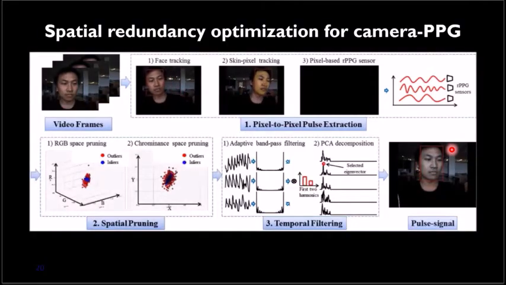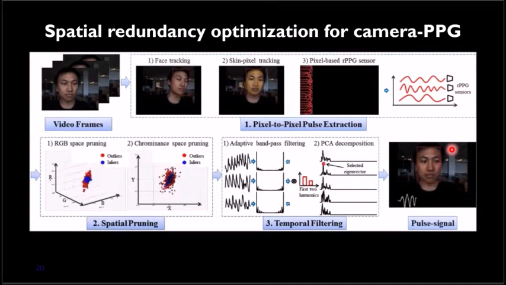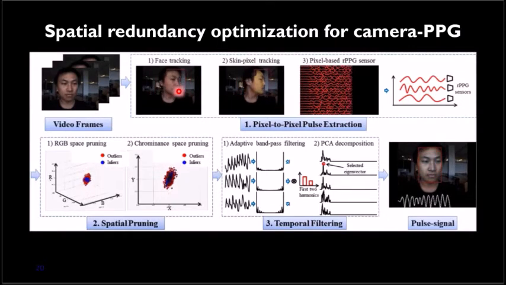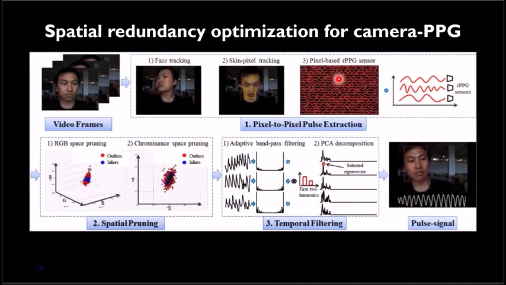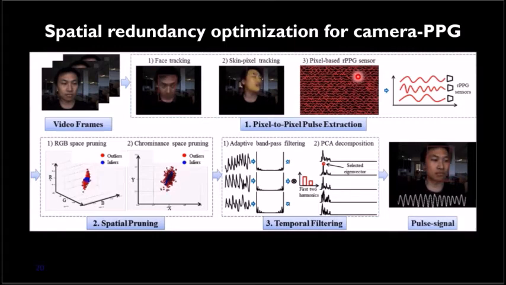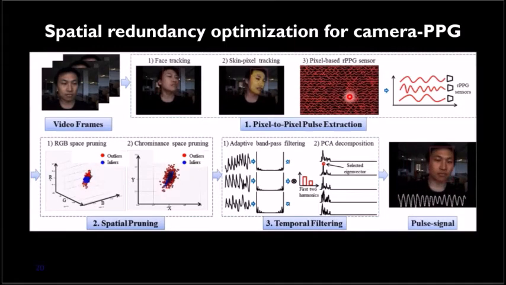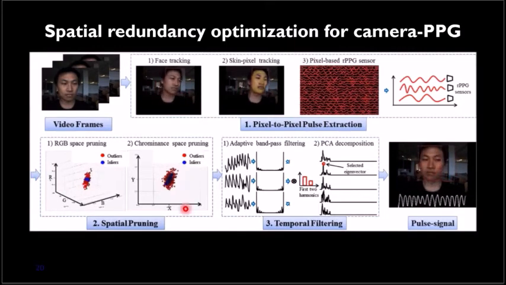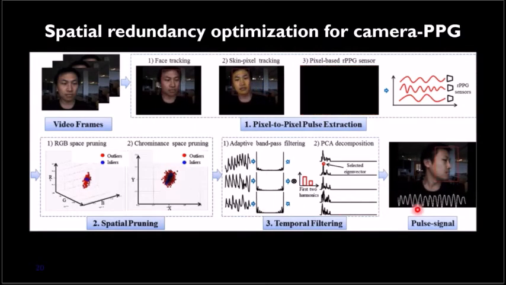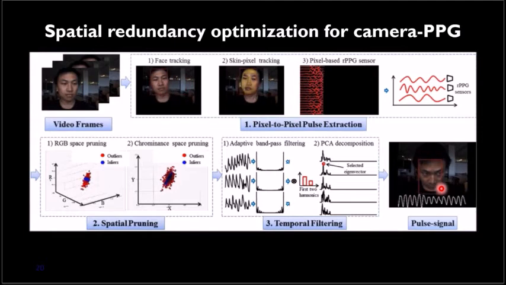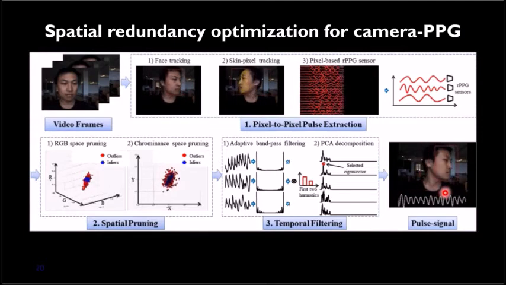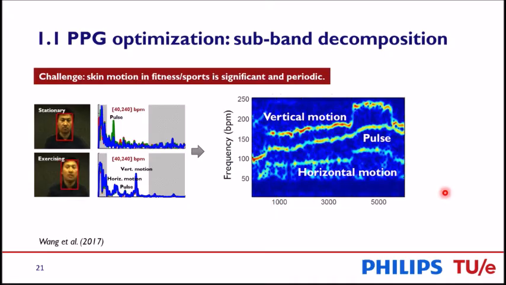And this is the demonstration of the spatial redundancy optimization. For example, first do the skin pixel tracking, and then we get pixel-based or block-based PPG sensor signals. And then we do spatial pruning, temporal filtering, and then output a clean pulse signal, to separate the distortions in the spatial domain locally.